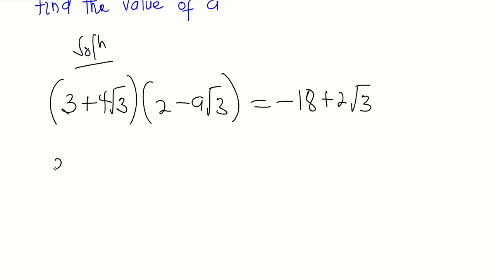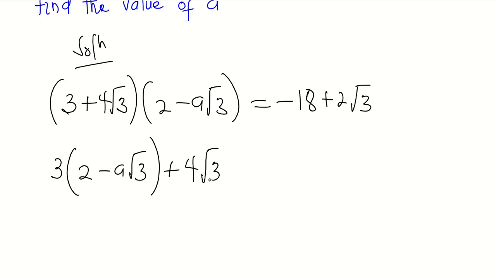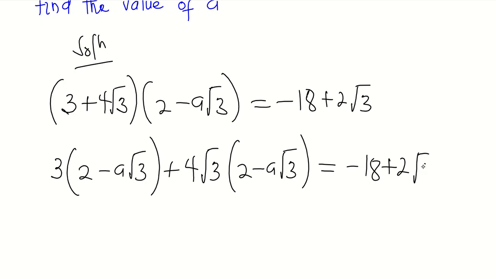So it means we have 3 is going to multiply 2 minus a square root of 3, and then my 4 square root of 3 is going to multiply 2 minus a square root of 3. So plus 4 square root of 3 multiplied by 2 minus a square root of 3. Now they are going to be equal to minus 18 plus 2 square root of 3.